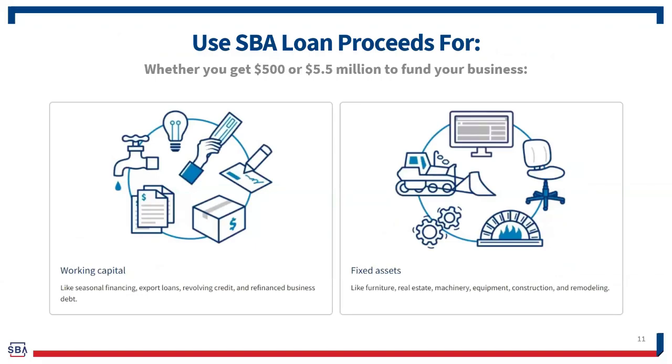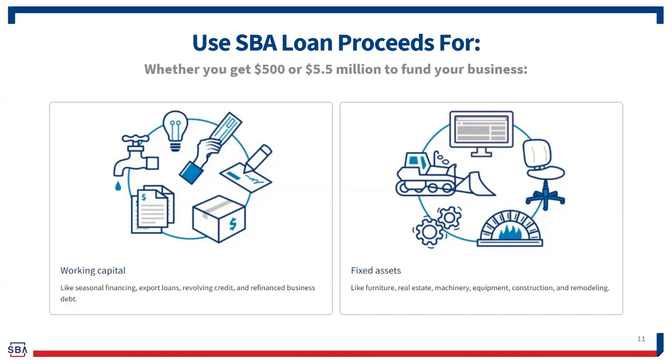What can you use the loan proceeds for? SBA is very specific in what it allows the borrowers to use the money for. You can get a loan as low as $500 or a loan up to $5.5 million to fund your business, and anywhere in between. A lot of things that we see the money used for is working capital, whether that's seasonal financing. We have export loans.